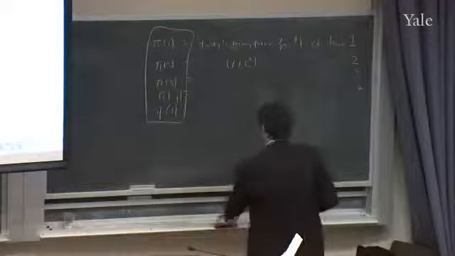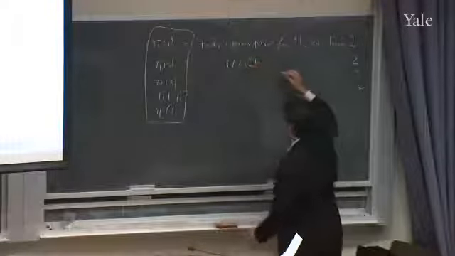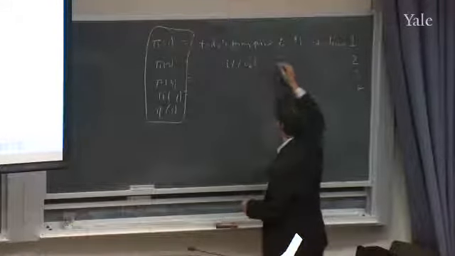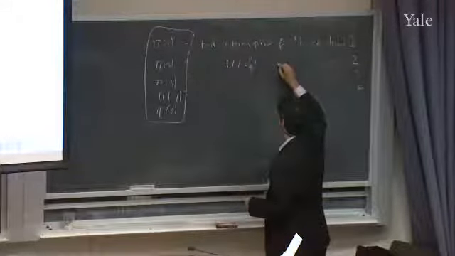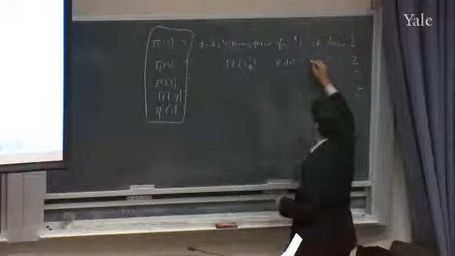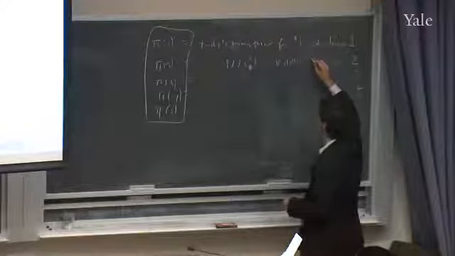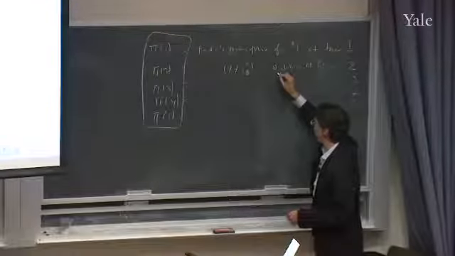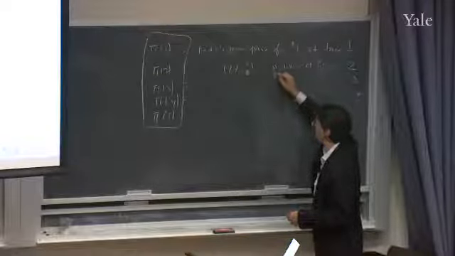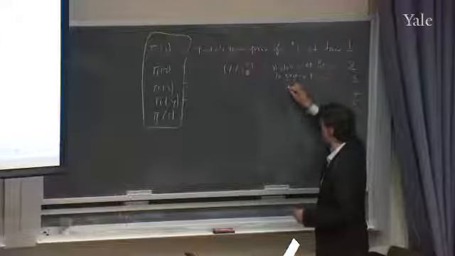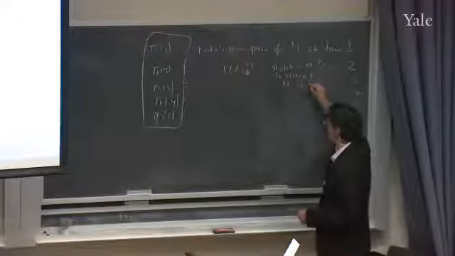Okay, so let's call 1 plus I_t the number of dollars at t plus 1 in exchange for $1 at t.